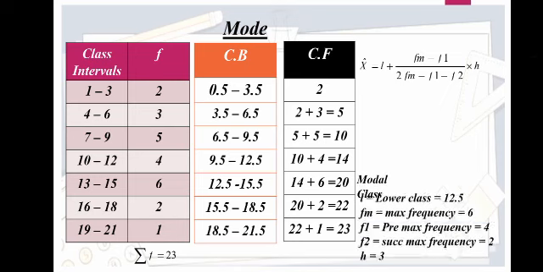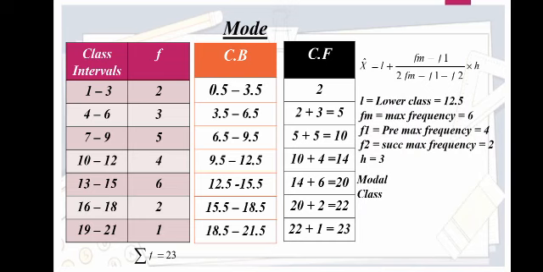Now L is the lower class boundary of the modal class, which is 12.5, so L is equal to 12.5. The maximum frequency Fm is equal to 6. F1 is the preceding frequency, meaning the frequency before the maximum frequency.